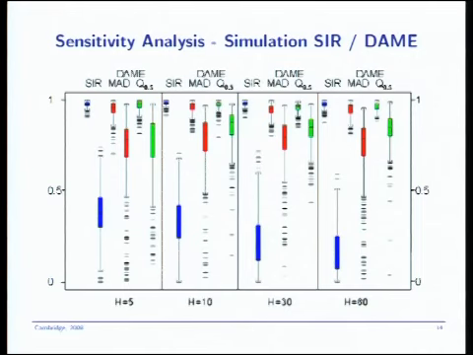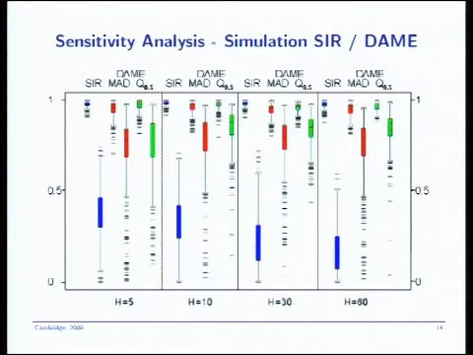So what is shown here, this is the original SIR, and on this axis there are the values of the canonical correlation. The best value it can take is 1. So what you can see is that the left-hand side is no contamination, the right-hand side is under contamination.